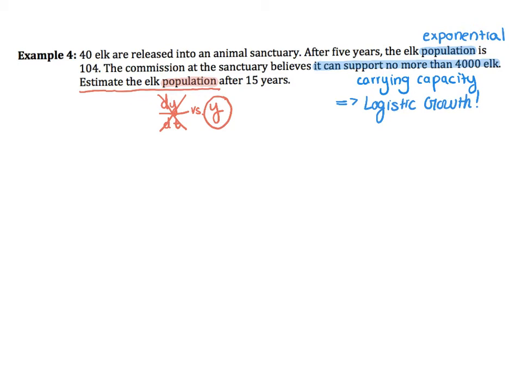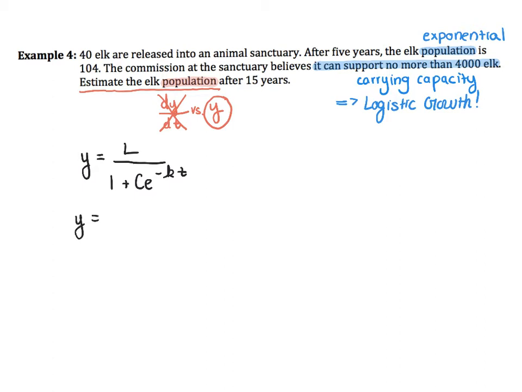But because I know that the growth model is logistic, that's what directs me here. So we know it's going to look like y equals L over 1 plus Ce to the negative kt. And we already know that the carrying capacity is 4,000.